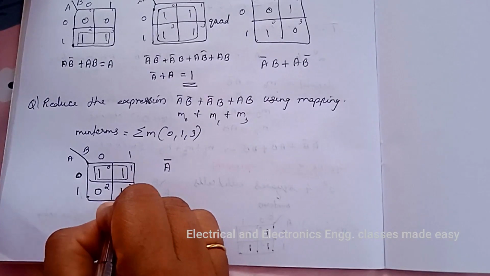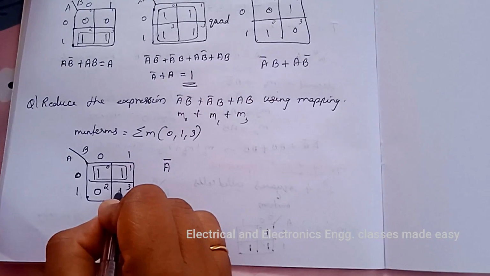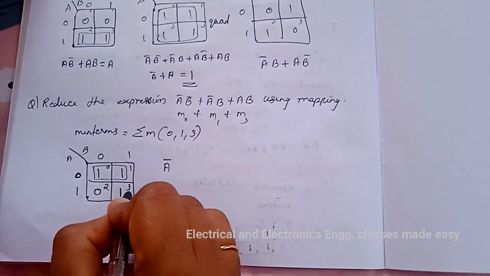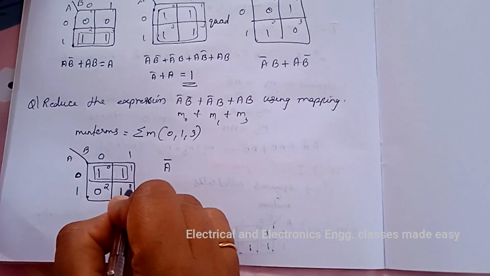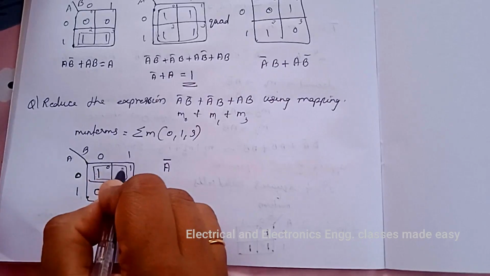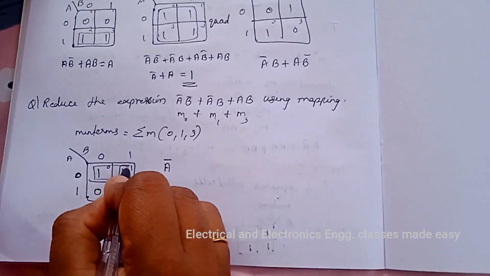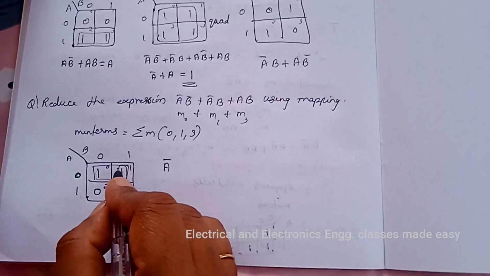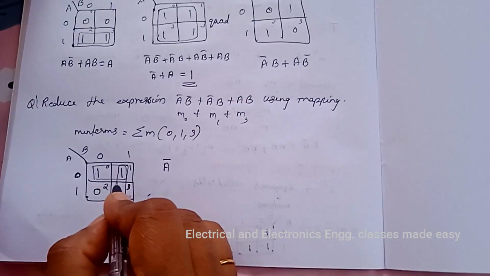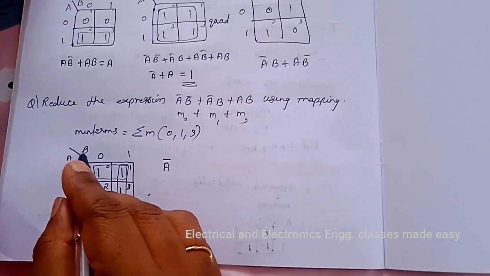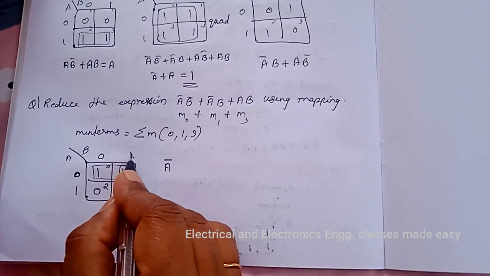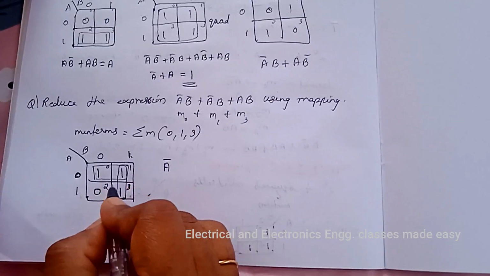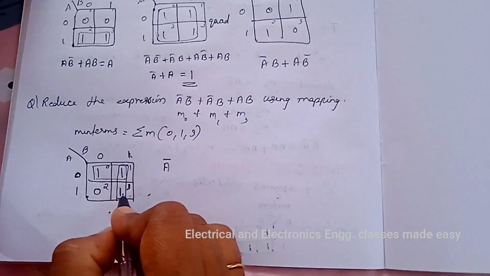And here there is a 1 in the fourth square, so combine these two squares. While combining these two squares, we get the answer as B, and here A is changing.